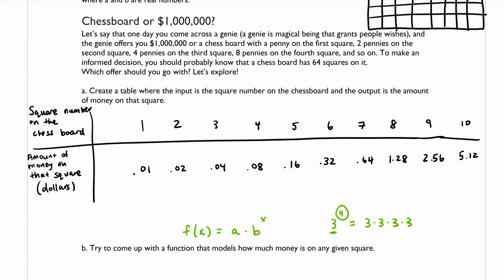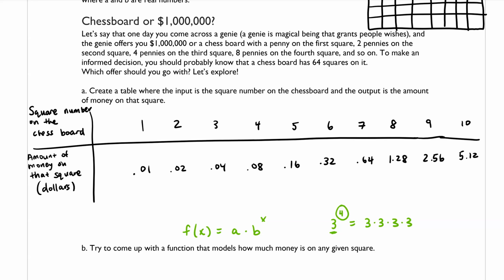Now, how does that relate to what we're talking about here? Well, previously when we've talked about linear functions, we've looked for patterns in our input-output tables. And a lot of times the pattern would be that we would be adding or subtracting the same number each time we increased our input value by 1.